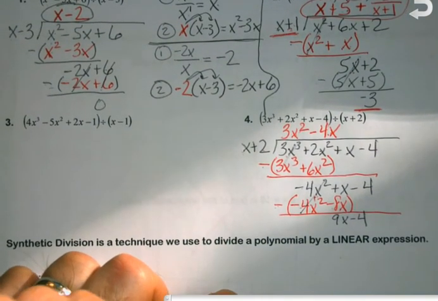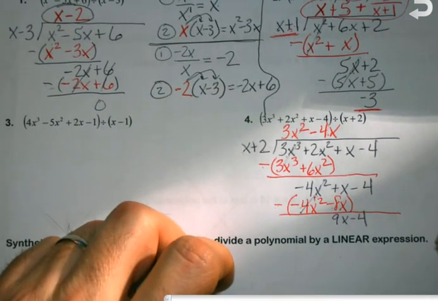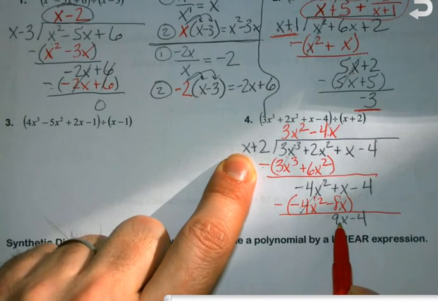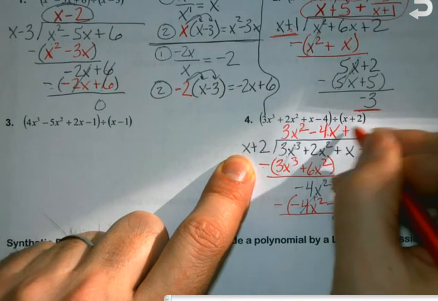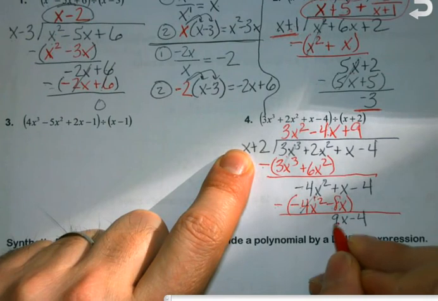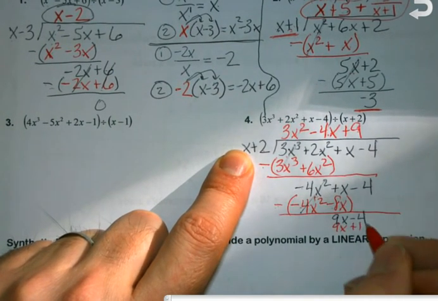One more time. Dang, glad these aren't like 5 terms long. 9x divided by x is 9. Last time. 9 times x is 9x. 9 times 2 is 18.